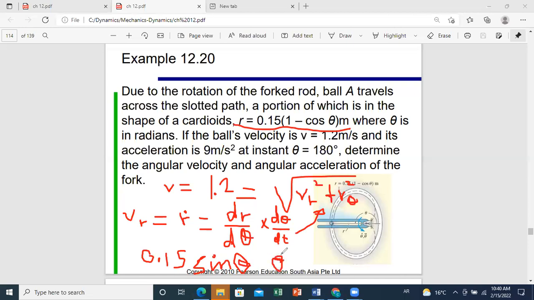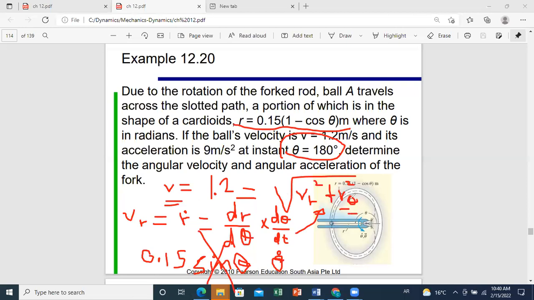Now, since we are interested in the position theta equals 180 degrees, sine of 180 is equal to what? 0. So at this position, for only theta equal to 180, this component will cancel out and V will just be equal to V theta.